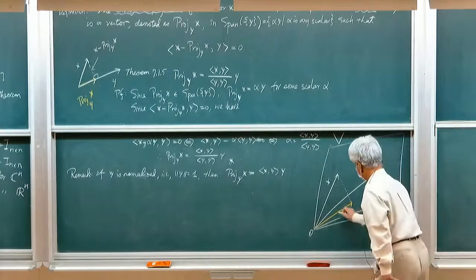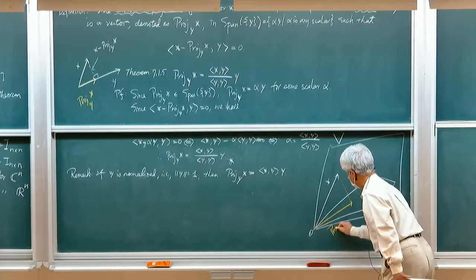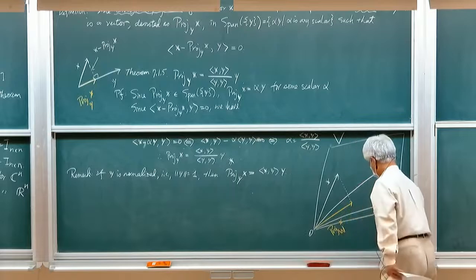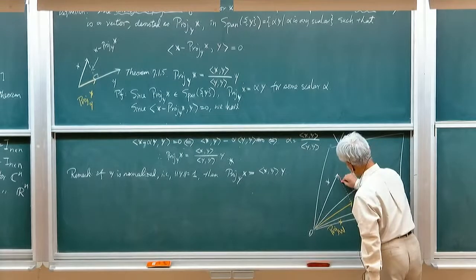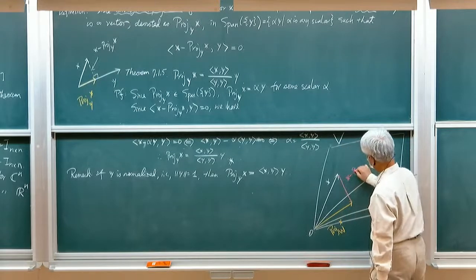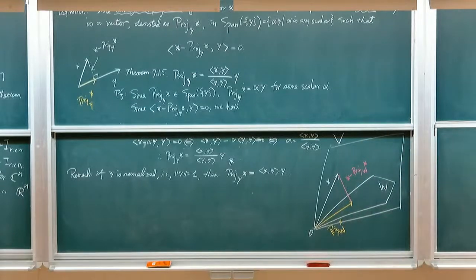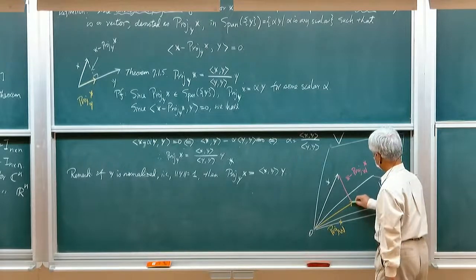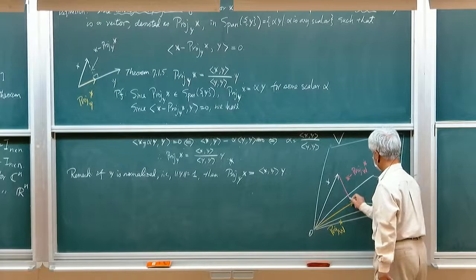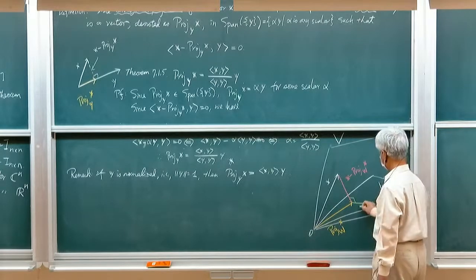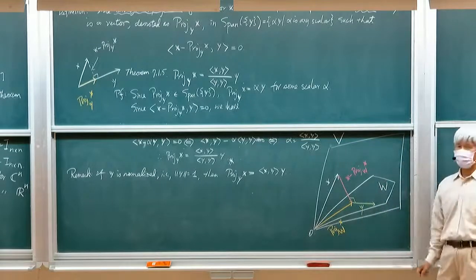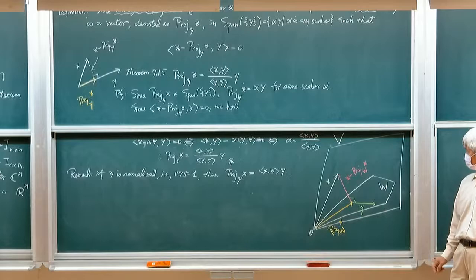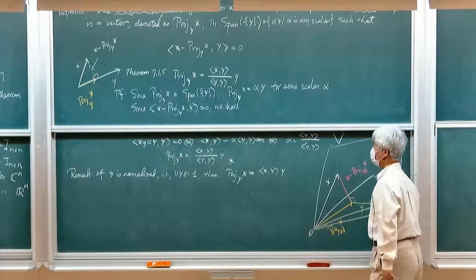So suppose we denote this projection as PROJ W of X. Now this vector is X minus PROJ W of X. To say that this is an orthogonal projection, this vector should be orthogonal to any vector in W.